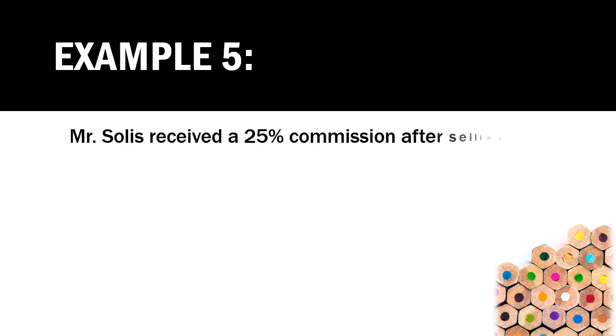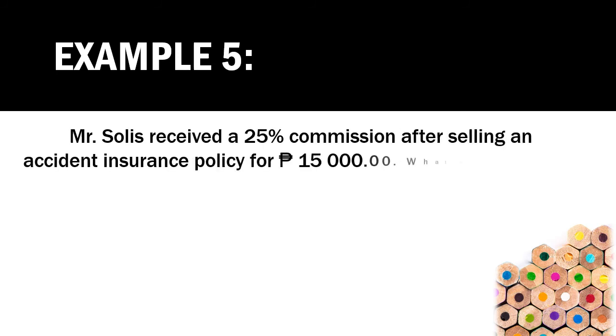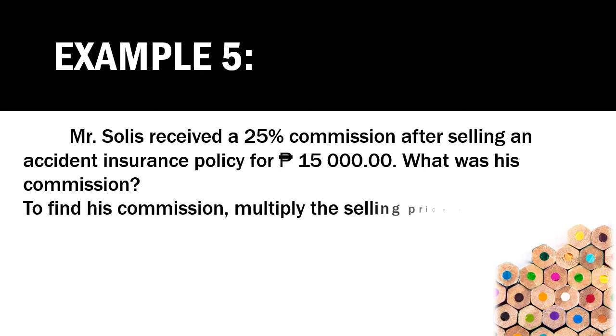Here's an example. Mr. Solis received a 25% commission after selling an accident insurance policy for 15,000 pesos. What was his commission? To find his commission, multiply the selling price, which is 15,000 pesos, by the rate, which is 25%.